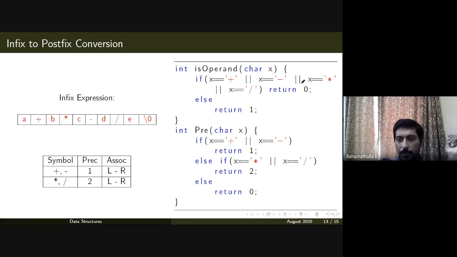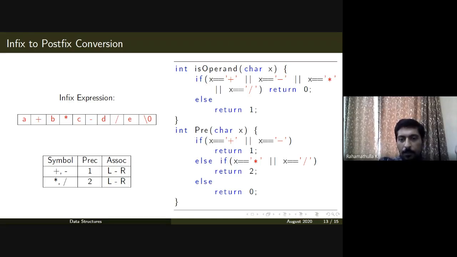For making it simpler, I have taken only these four operators and the corresponding precedence. Plus and minus have precedence of 1, star and divided by have precedence of 2, otherwise precedence equals 0. So the first procedure will tell me whether the incoming character is an operand or an operator, and the second procedure gives me the precedence of the corresponding operator.